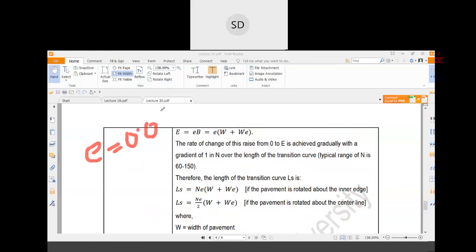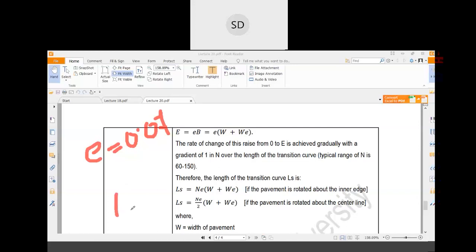So, your E value is 0.07. Now in the question, it is also given that your pavement is rotated about the central line. So the E value would be half of that total E value.